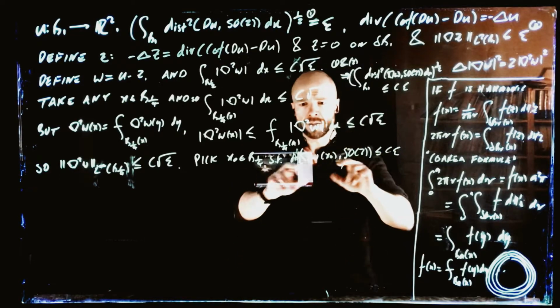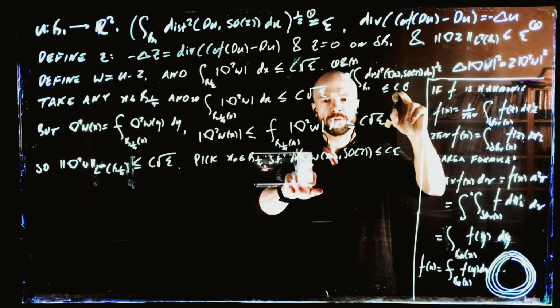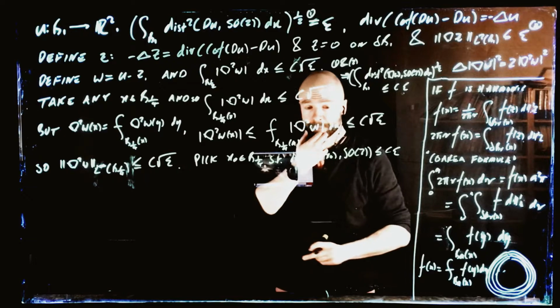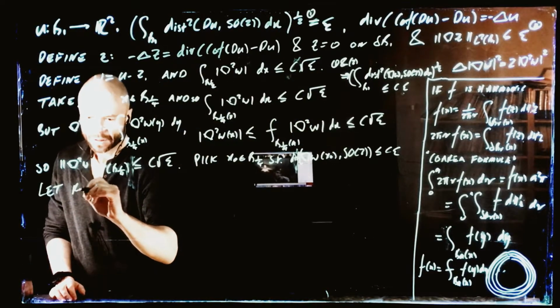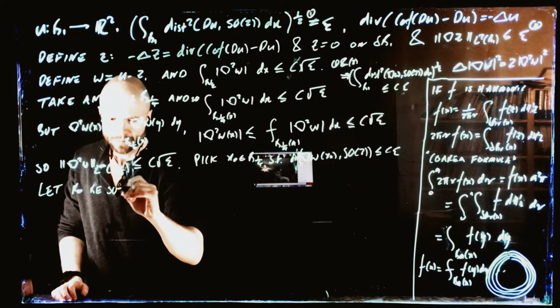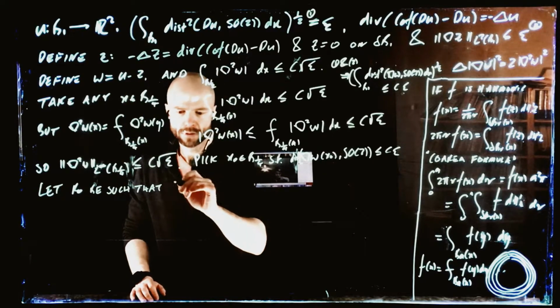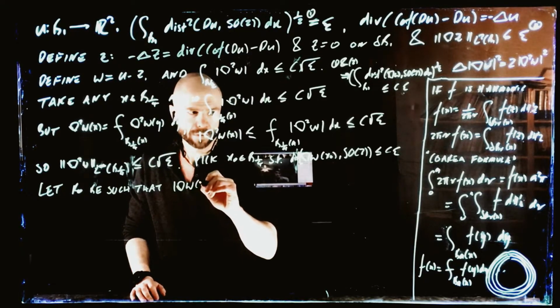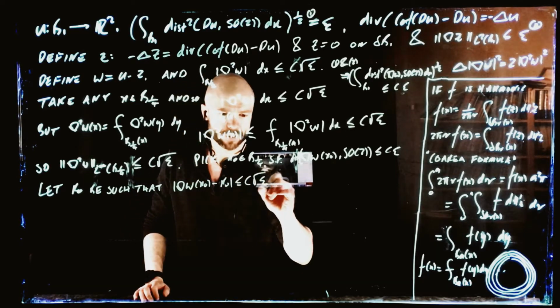We must be able to find such an x0, since if that wasn't true, then this thing would have to be false by Holder's inequality. So let r0 be such that the norm of gradient w of x0 minus r0 is less than c times square root of epsilon.